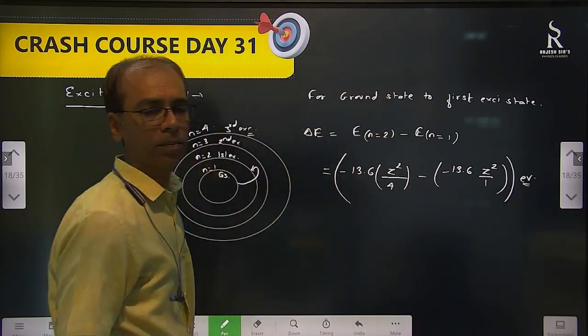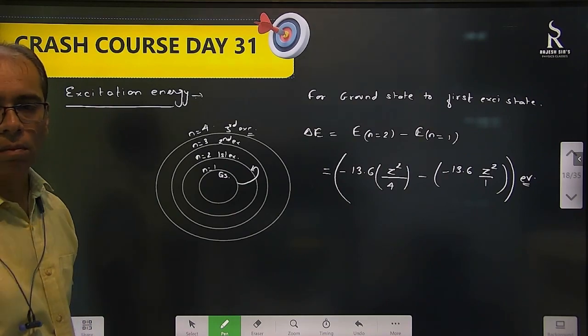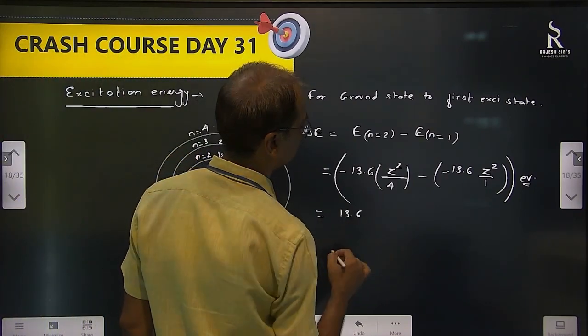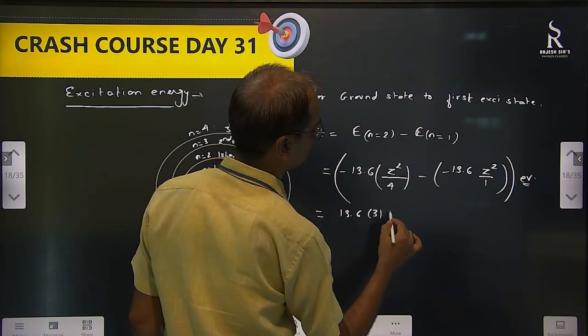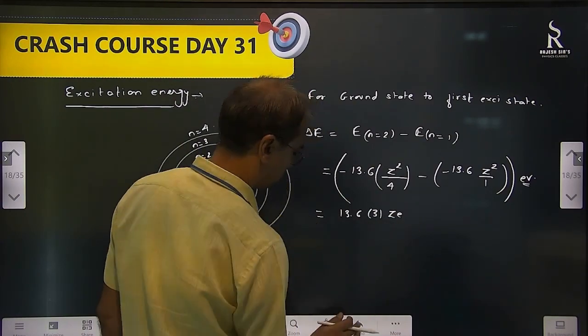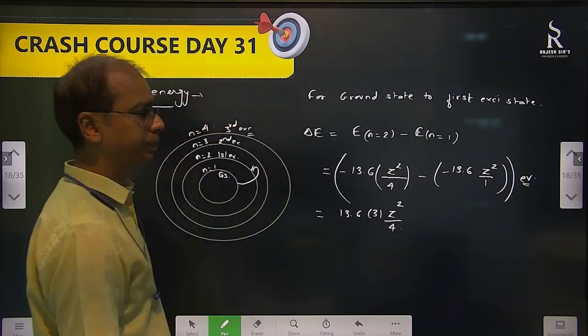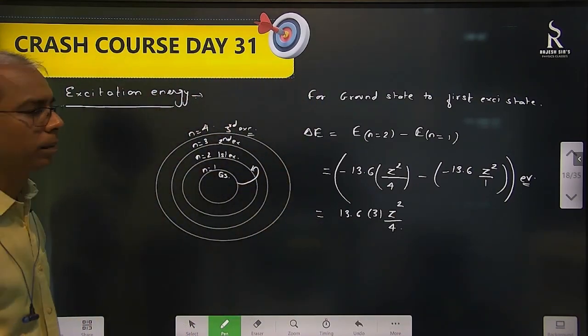You can see that it will come positive. It is 13.6 times 3 Z square by 4, that means in eV.